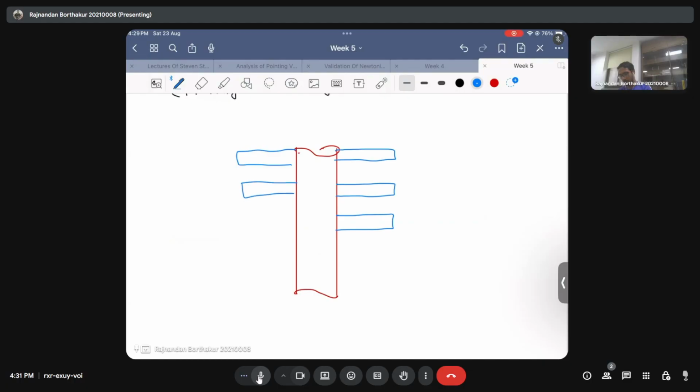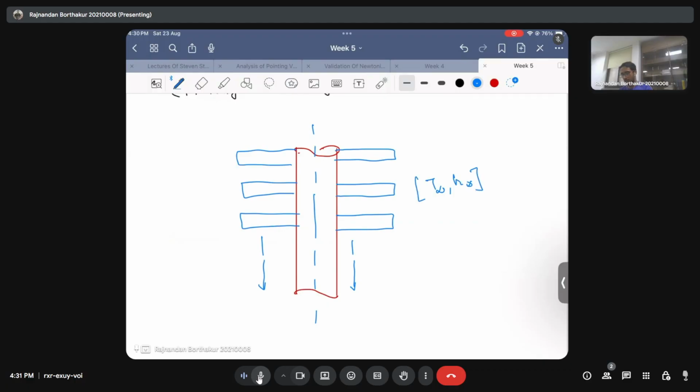Okay, and then this distribution will continue till the length of the fin. And then there is this ambient air at T infinity, at h infinity, which is given.